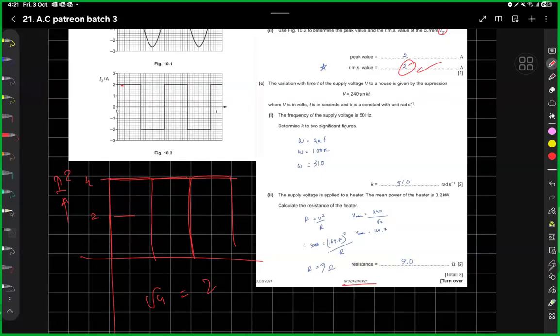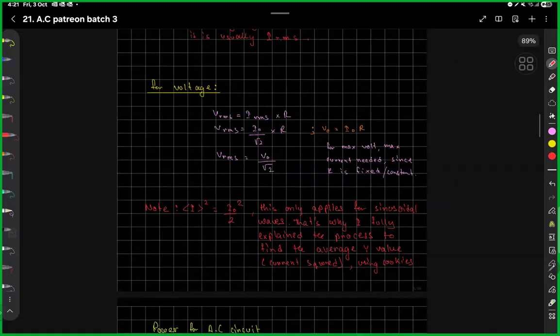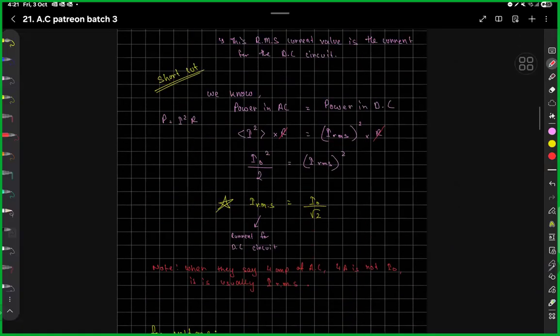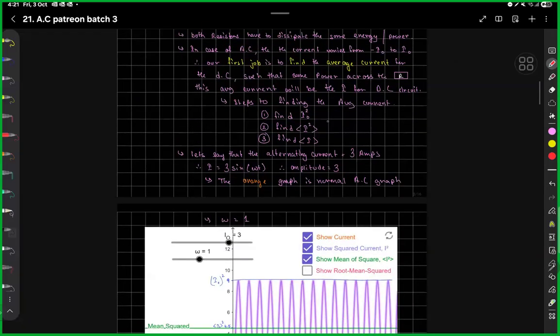Are you confused about what I just did right now? Did whatever I did make sense? Which part? The entire process that I did over here for finding root mean square value. Okay. So what I am doing right now is not following the formula. What I am doing right now is the elaborate process I followed to explain the concept of root mean square to you. What was the concept? The concept was simple. Three things.